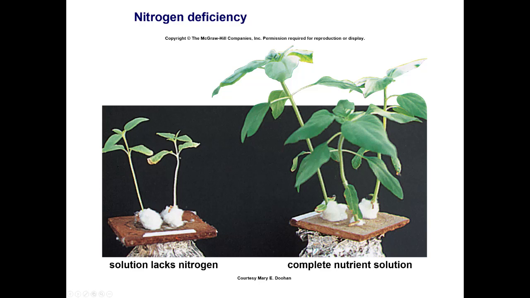So this is a case where they've grown it with and without nitrogen, and you can see the difference in the overall plant growth. And if you're looking for herbs or material from the stems or the leaves of the plant, you want to ensure that you get as much of that as possible. And of course, ensuring that you have the proper nutrition for your plants is a huge component of that.